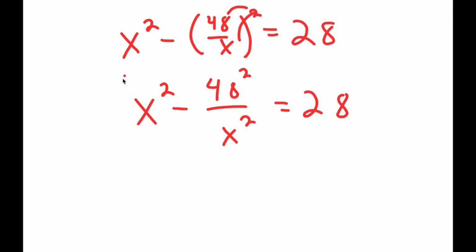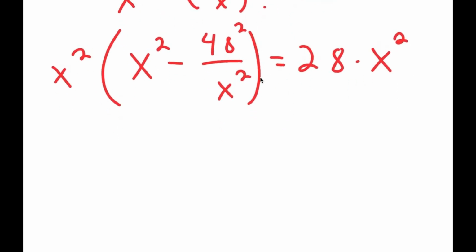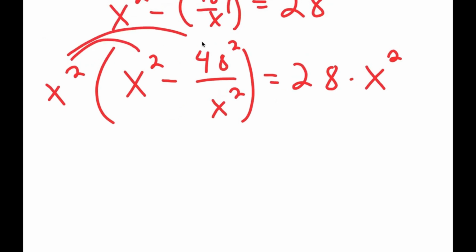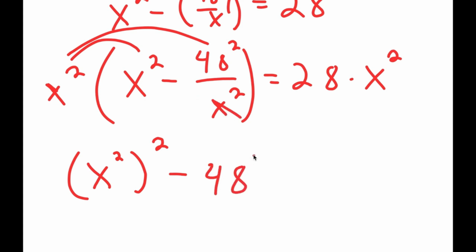Now I'm going to multiply both sides by x squared. For my left-hand side, I have to distribute the x squared. x squared times x squared is x squared squared, or x to the power of 4. Now I have this minus 48 squared over x squared times x squared. These two x squared cancel out, so I just get 48 squared.